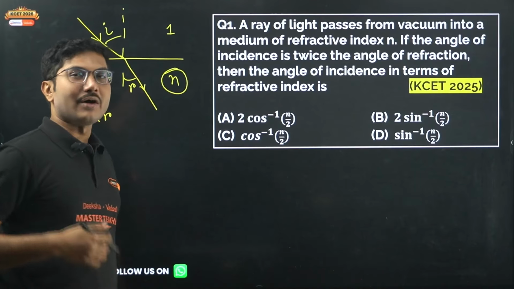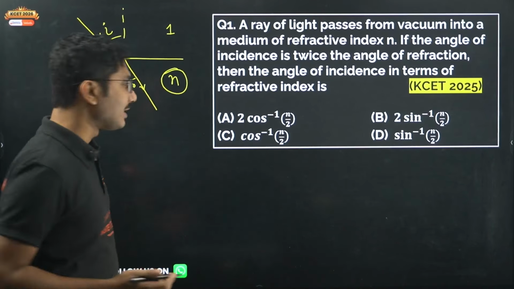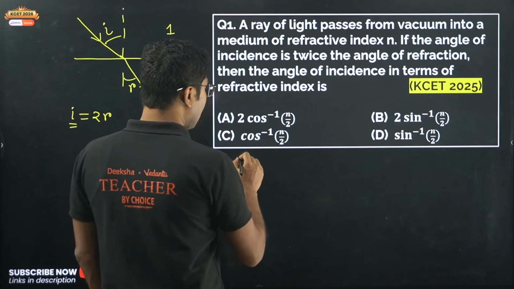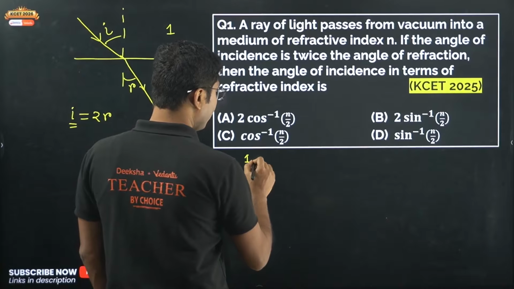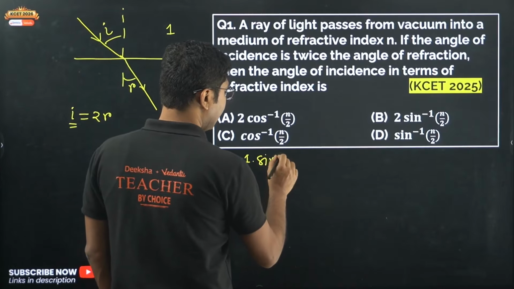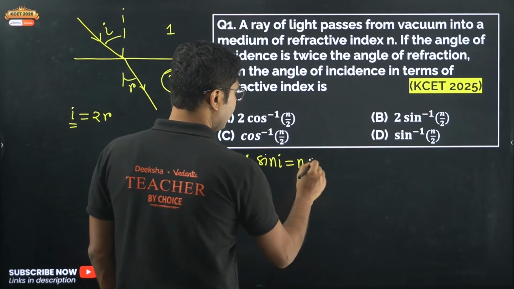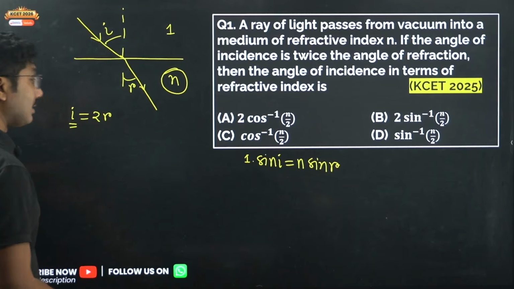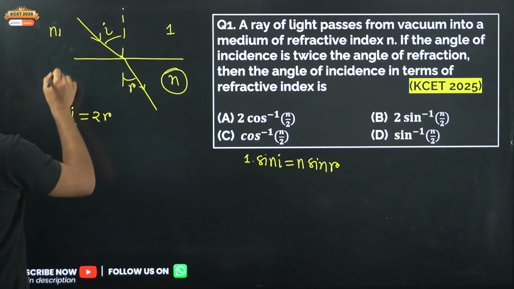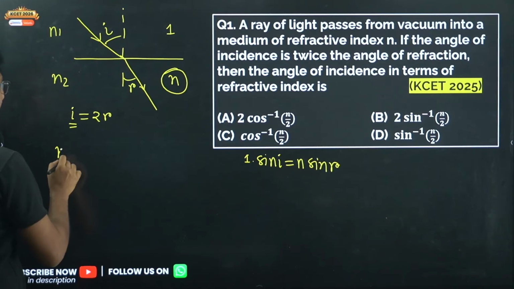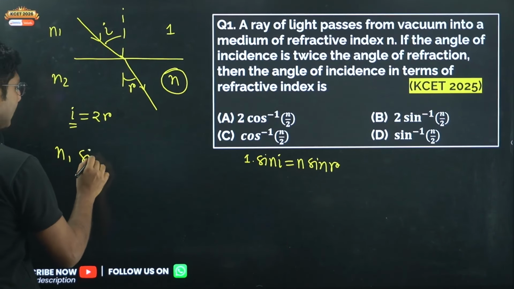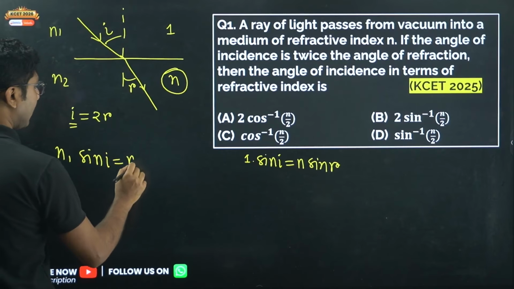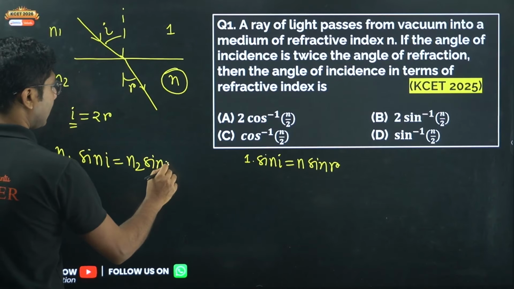How to do that? We will use our very old tried and tested Snell's law, which says that 1 into sin i equals n into sin r. This is the generalized form of Snell's law. If this is n1 and this is n2, then the generalized Snell's law says that n1 sin i equals n2 sin r.